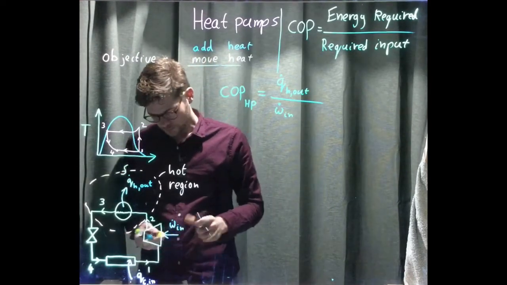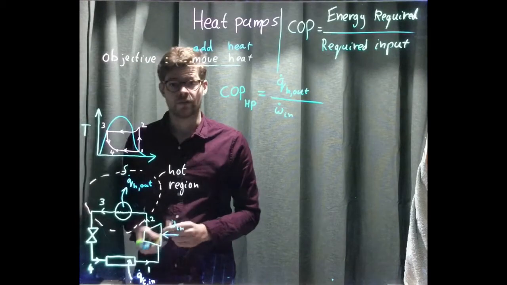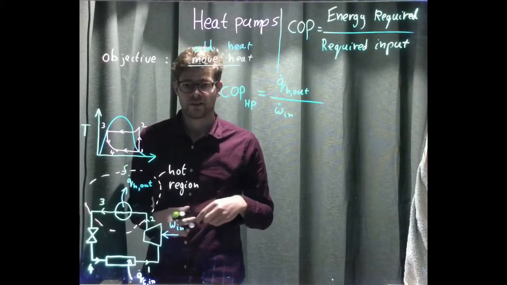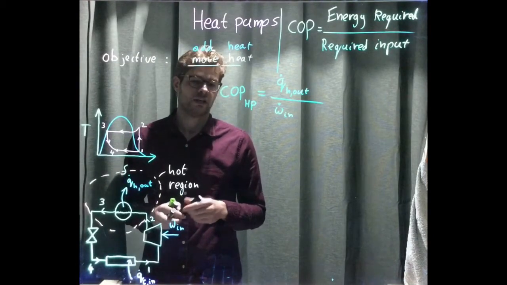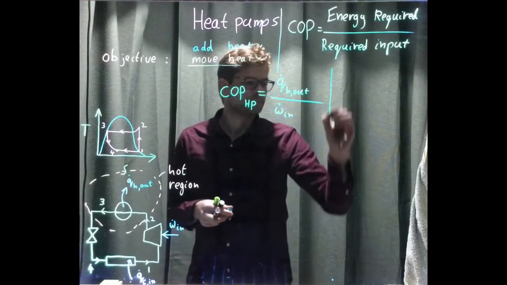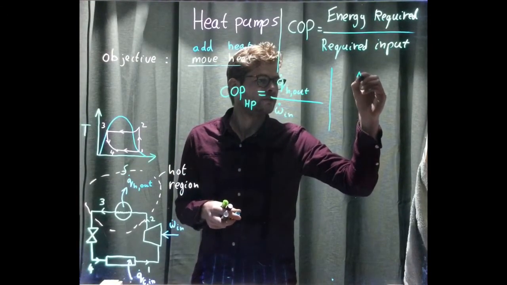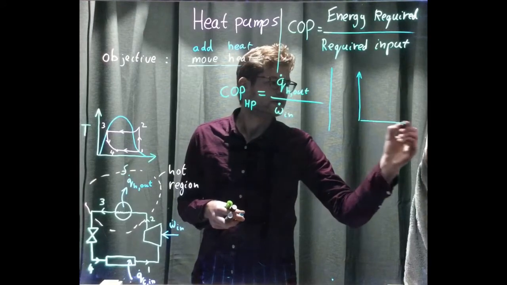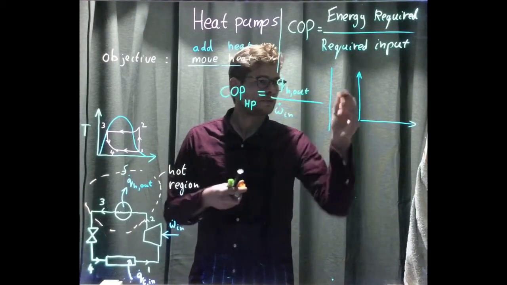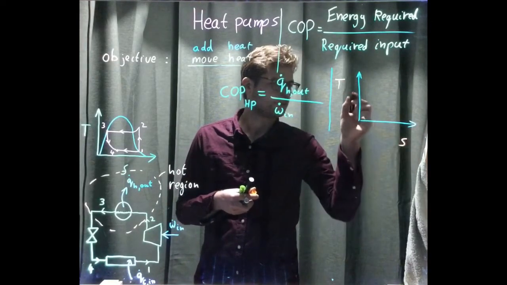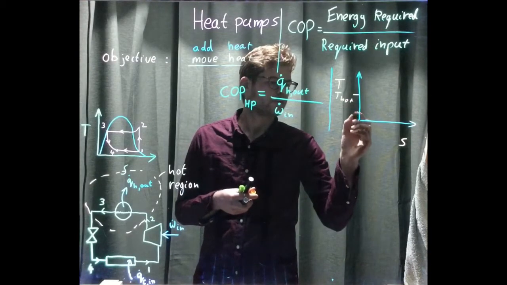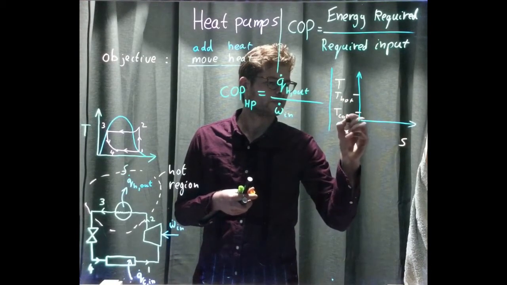Now I'm interested in the Carnot efficiency, so the efficiency compared to the efficiency I could have in the most ideal situation. And like in the previous lecture, I'm quickly going to draw the TS diagram of a Carnot heat pump. We've got the T, we've got the S. We've got a high temperature, or T hot, and a low temperature, or T cold.